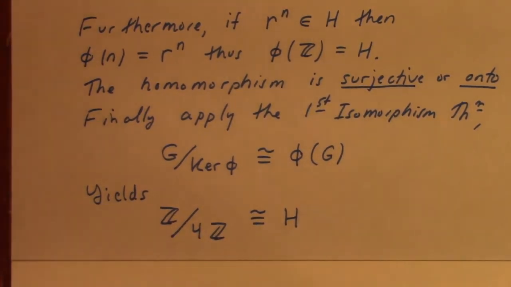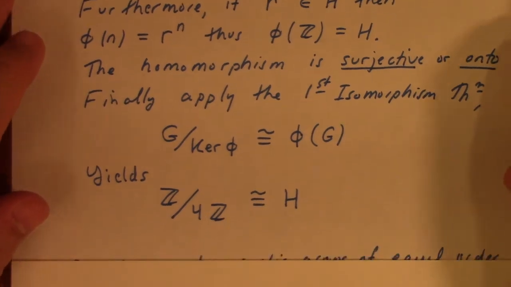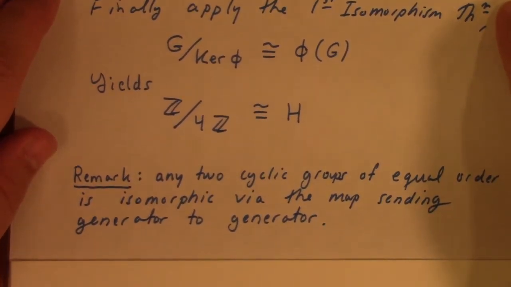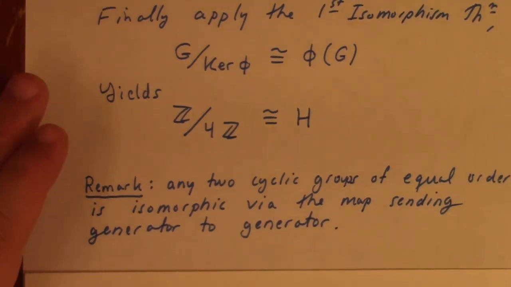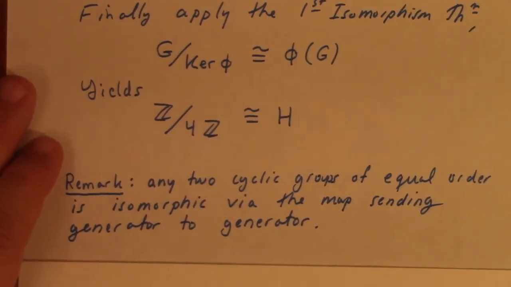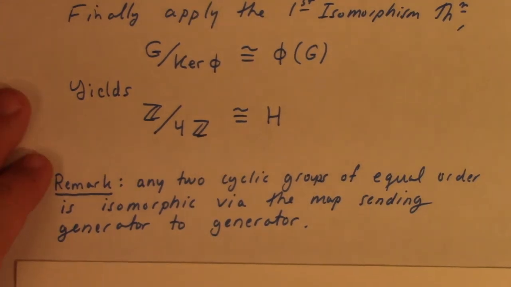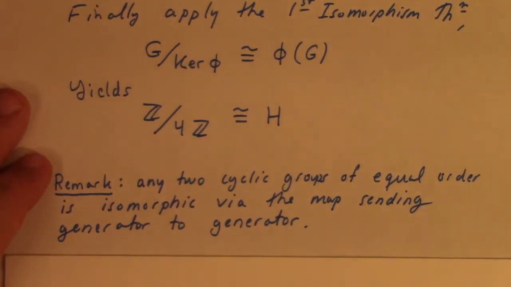Now, I was following instructions because we're told to use the first isomorphism theorem here, right? But the truth of the matter is, if I was just to let loose on this problem and say, how would I prove that Z mod 4Z is isomorphic to H? I would not use the approach that's adopted in this problem. In fact, I would find an isomorphism, personally.